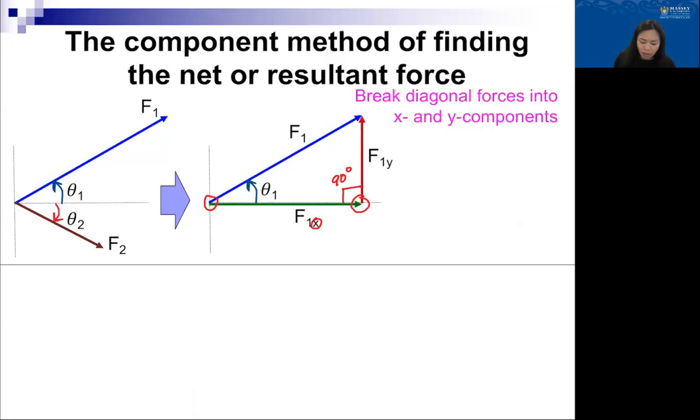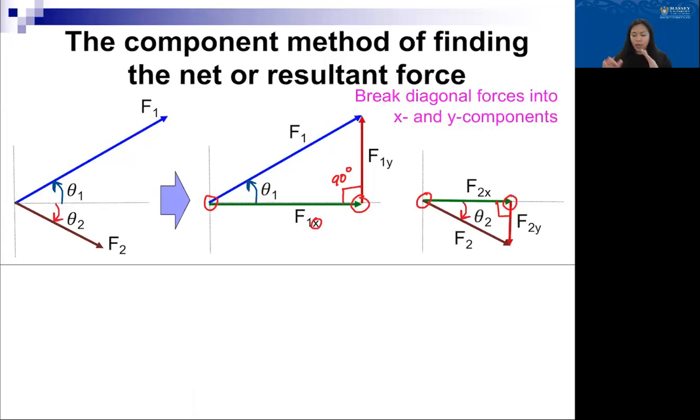You do the same thing for force 2. If force 2 is directed diagonally downwards, again draw the horizontal component. Notice how the tails of these two vectors meet. Then draw the vertical component. Notice how the head and the tail meet, and again you have this 90-degree angle.